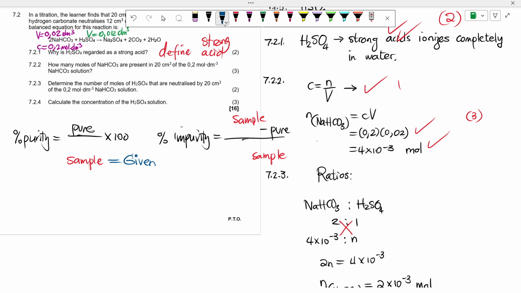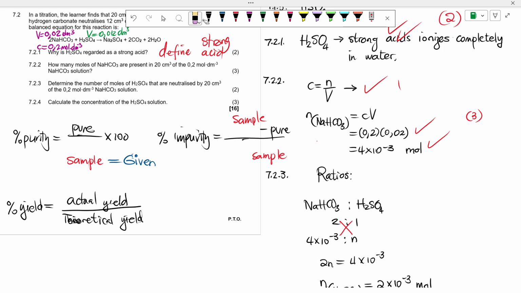But if you know your stuff, then if they come around in weird circles, you will know what to do. For percentage yield, we're going to have actual yield on top over theoretical. The actual yield is the one that is given. Theoretical is the one that you find using your stoichiometry.